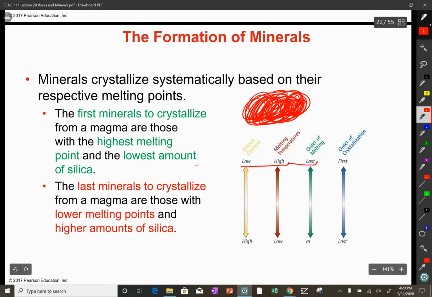It's going to be the last thing to melt or the first thing to crystallize. If you have a high silicon content, then it's going to have a low melting temperature and be, I don't know why that says M. I didn't even notice that. Should have been first. The first thing to melt and the last thing to freeze.